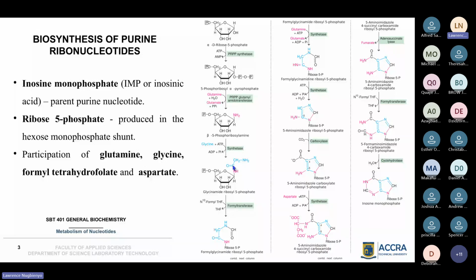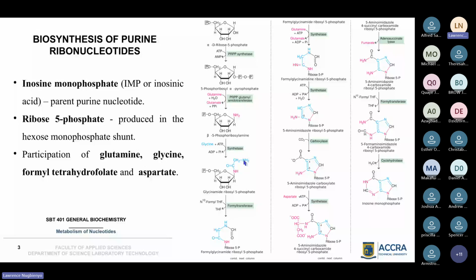So you now have a glycinamide ribosyl 5-phosphate. The process continues where now the folic acid, the tetrahydrofolate, comes into the reaction. So from here on, what you see is that because the formation of the ring is our focus, the formation of the purine ring is our focus.